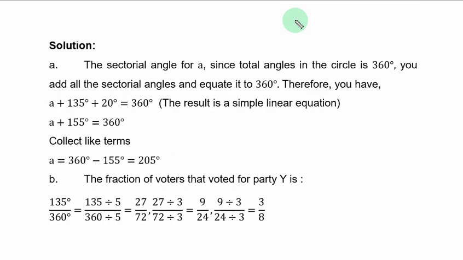Solution. A part of the question, to get the sectorial angle for party Z, which is A, you simply add all the sectorial angles and equate it to the total angles in the circle. That is A plus 135 degrees plus 20 degrees equals 360 degrees.